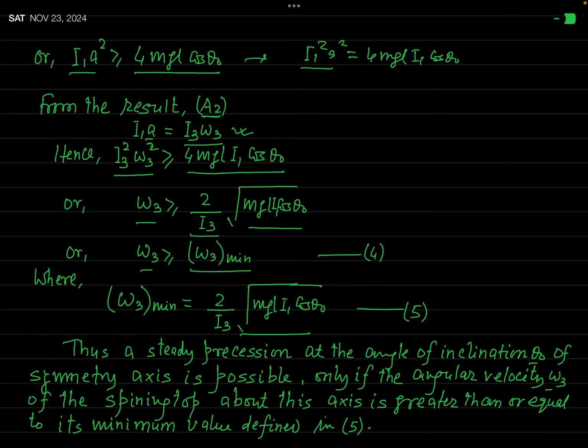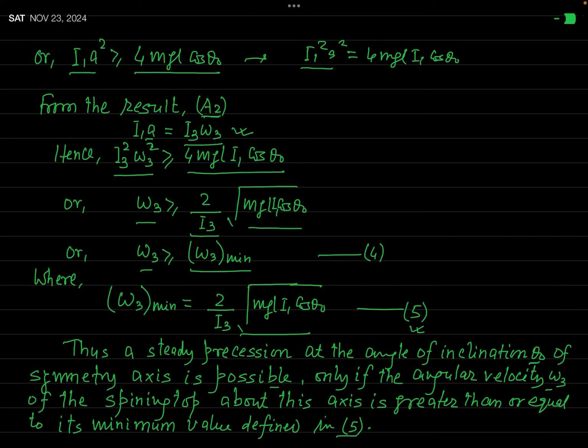Actually, this result shows that precession at the angle of inclination theta naught of the symmetry axis is possible only if the angular velocity omega 3 of the spinning top about this axis is greater than or equal to its minimum value, which we have defined in equation 5. Only when this condition is satisfied will the steady precession of this top take place.